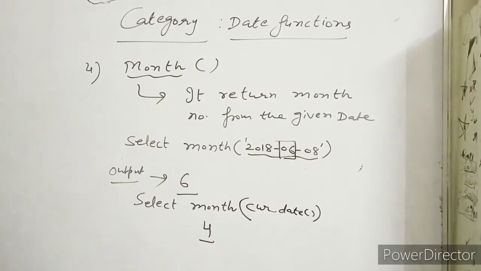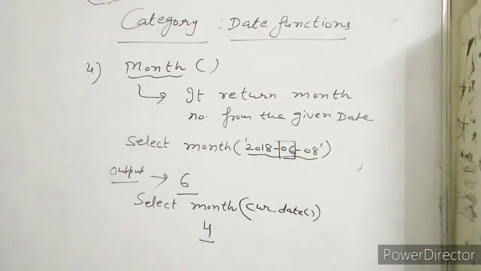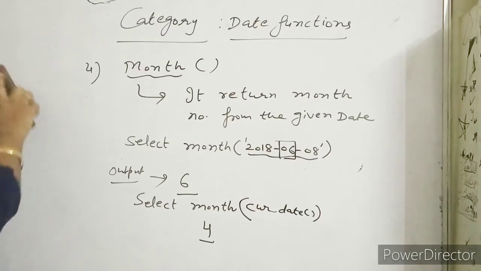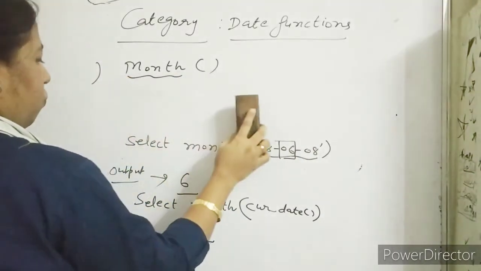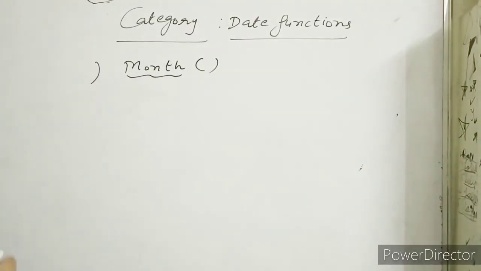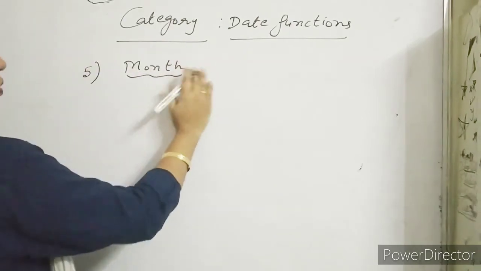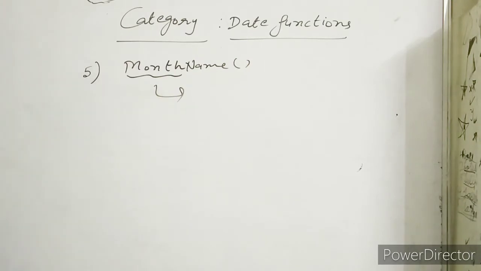Month. Next function is month name. The fifth function is month name.